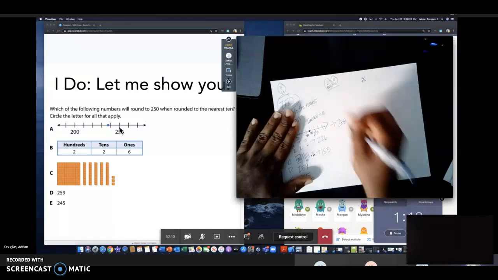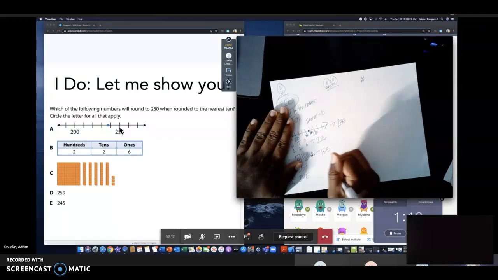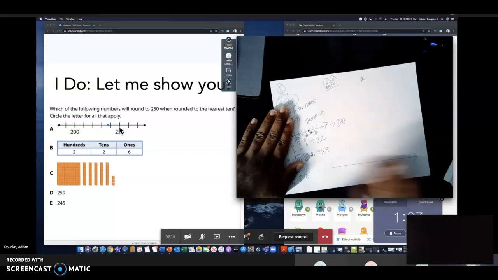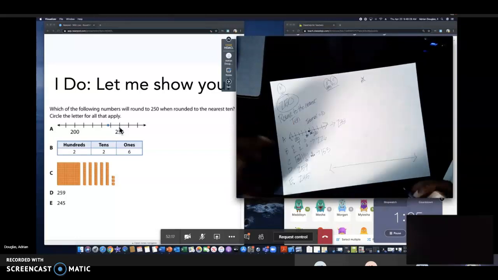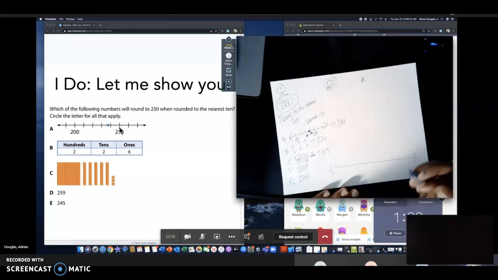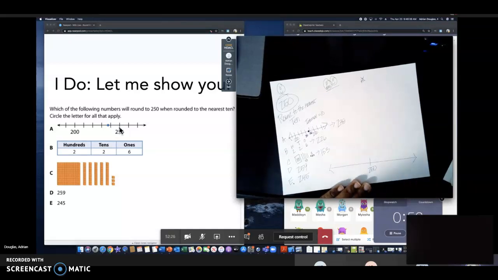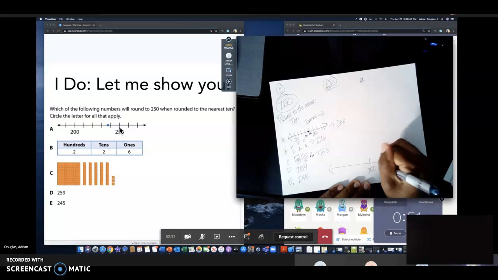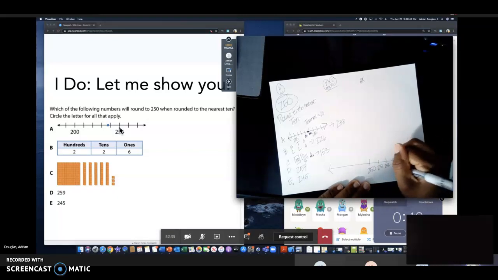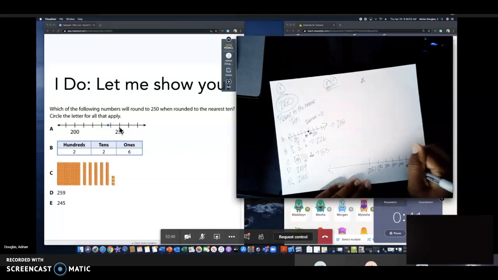So now I have all of these numbers. What I'm going to do is set up a number line diagram and place all these numbers on there. I'm rounding to the nearest 10, and the number I want to find is 250. So I'm going to count up: 251, 252, 253, 254, 255.